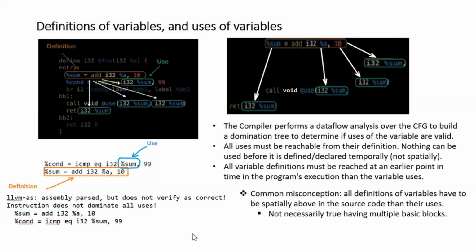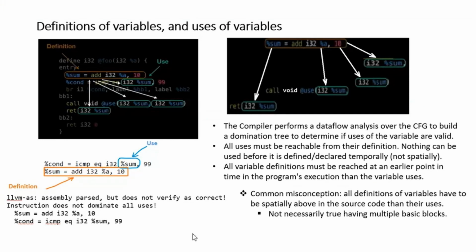Although I have not tried it, I have studied, and it seems that the Clang or LLVM compiler provides us with a list of uses for any definition. If the variable is not used anywhere, this will be an empty list.